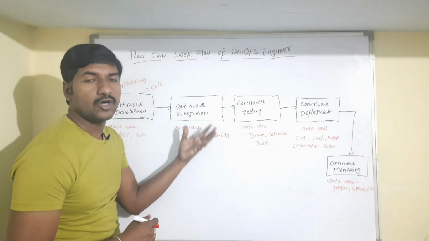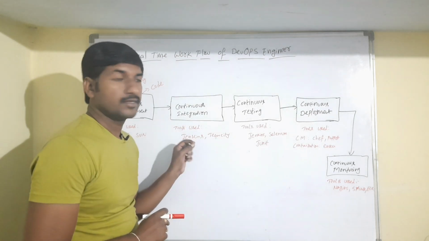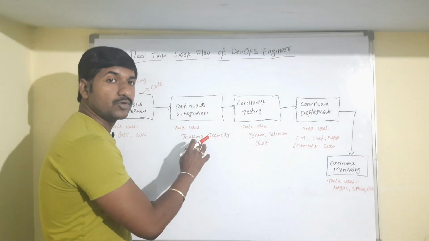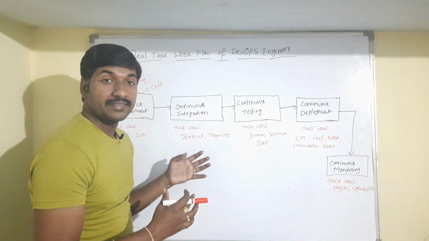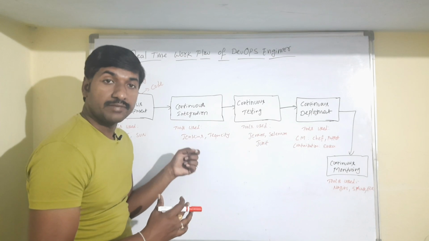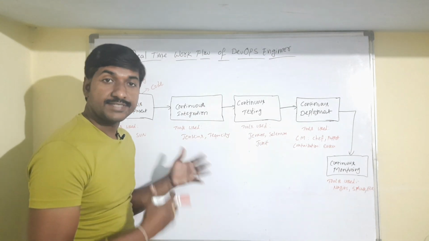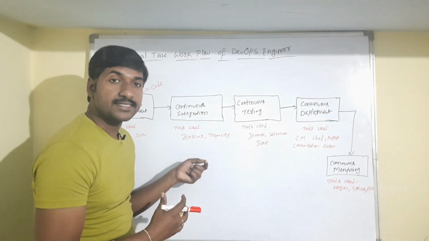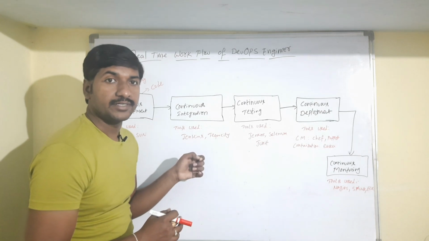It's based on the organization or company, or depends on the project. Okay, this stage is very important for the entire DevOps lifecycle because the developers need to commit source code changes more frequently. This may be either on a daily basis or weekly basis, and then you have to build every commit.